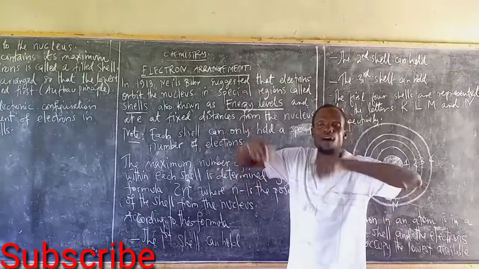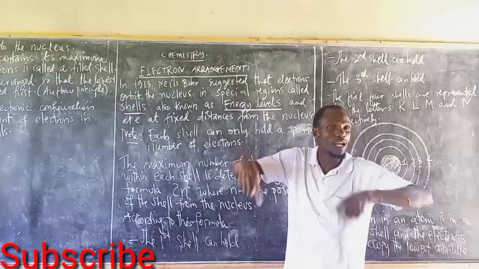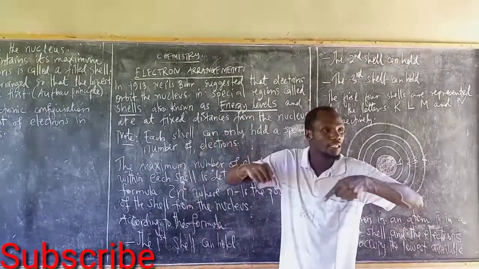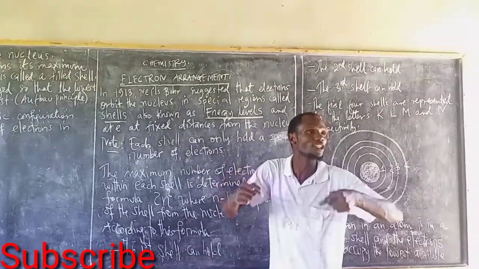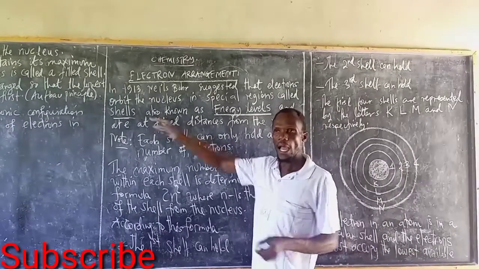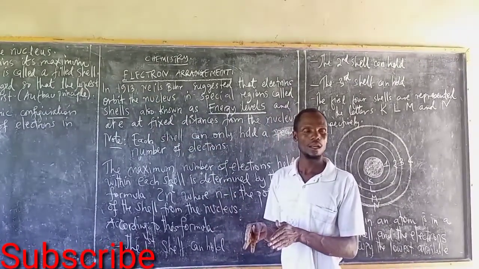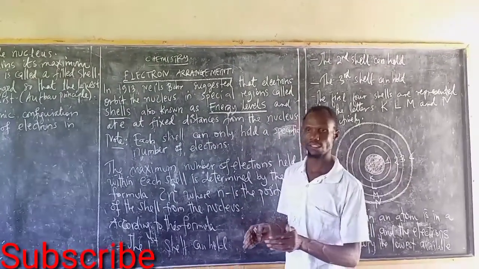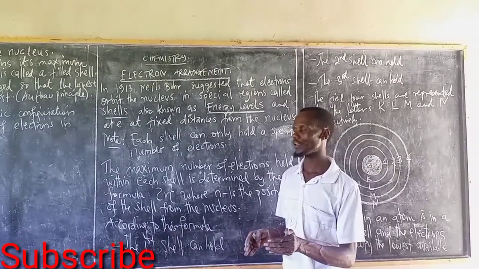So electrons revolve around the nucleus in a special region called shells, and every shell has that fixed distance from the nucleus.